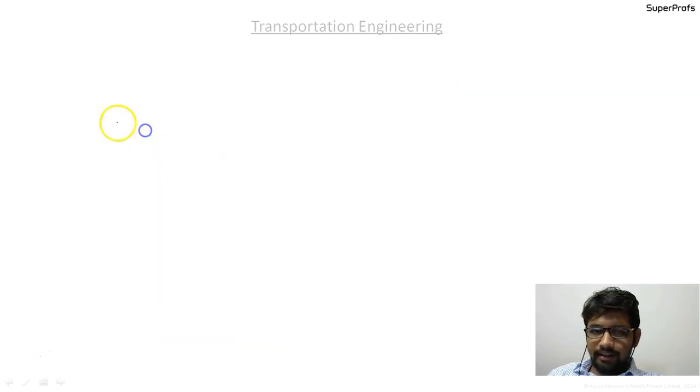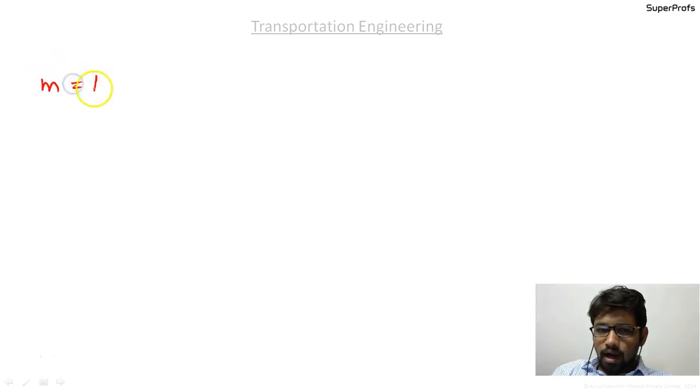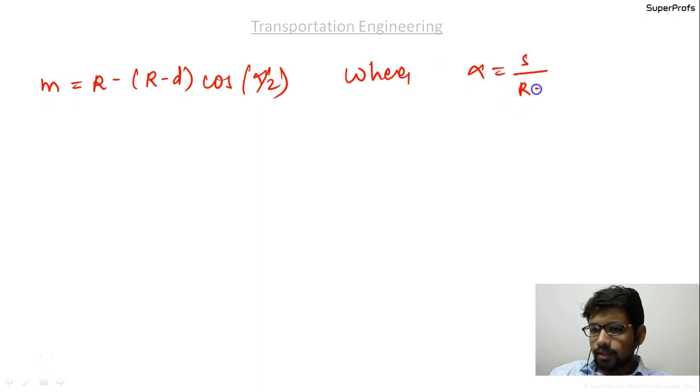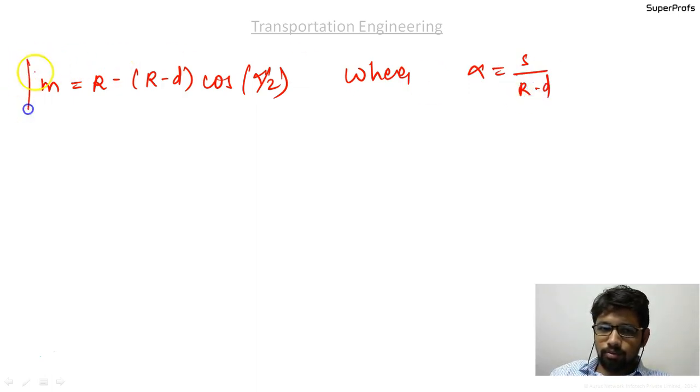So I'll clearly write down the formula for setback distance for multi-lane roads when the length of the curve is greater than or equal to the minimum required sight distance: M equals R minus (R minus d) cos of alpha by 2, where alpha equals S upon R minus d. Please write down this formula very carefully.